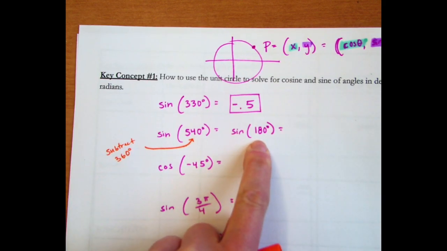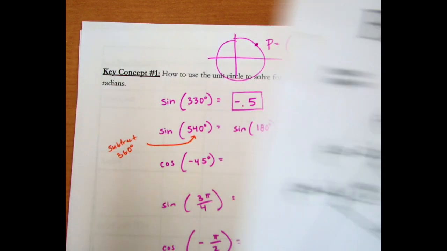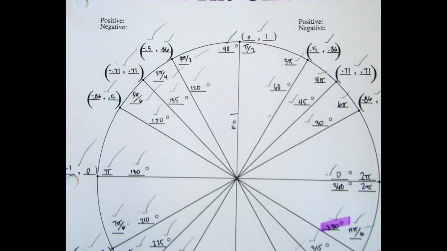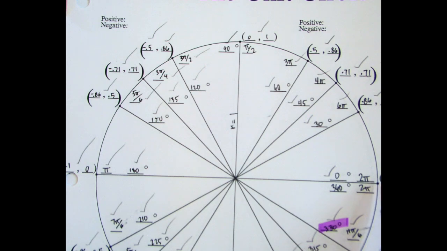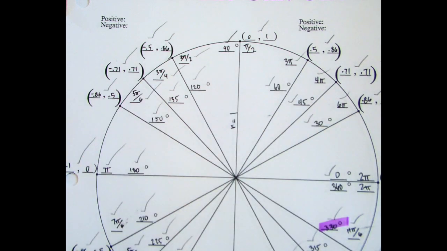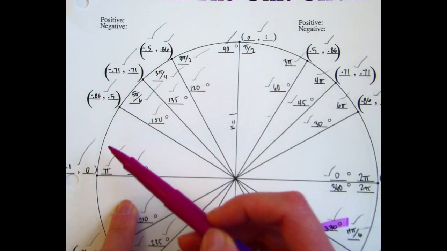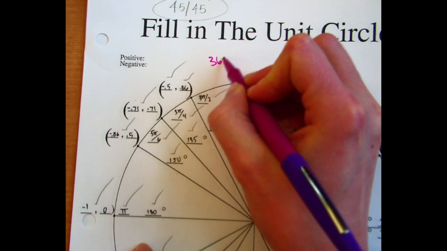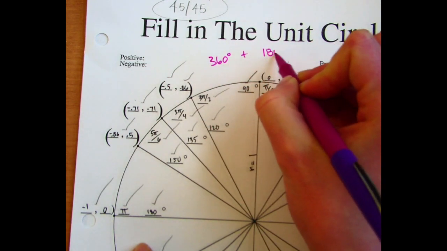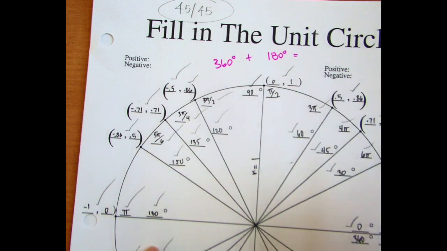Another way to think of this is to get to the angle of 540, we start at 0, do a full 360 rotation, and then do an additional 180. So 360 plus an additional 180 degrees of rotation gives us our angle of 540 degrees.